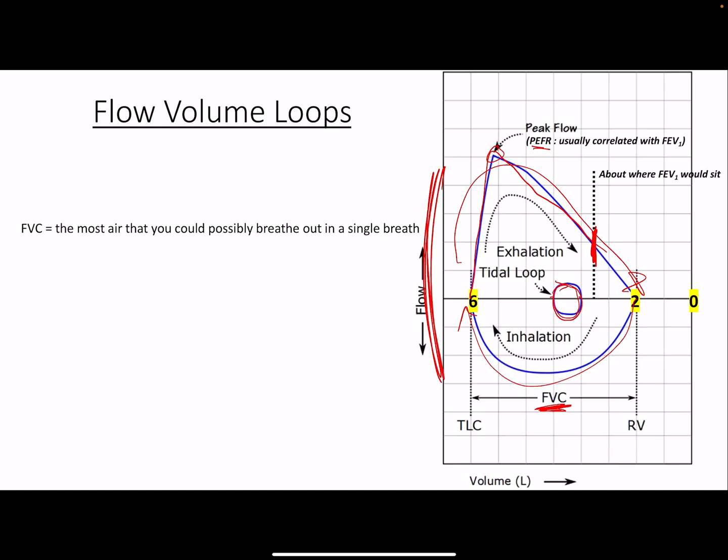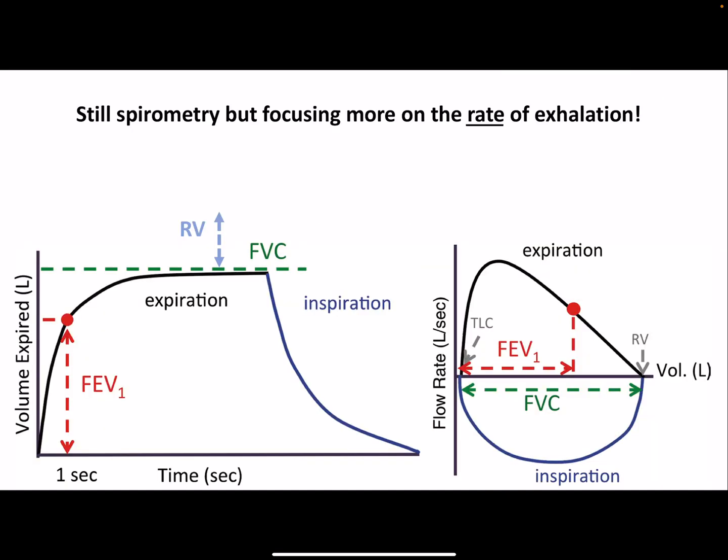So the total lung capacity here might be 6. This would be 0, no air, but of course we always have a little bit of air left in, so that's our residual volume.